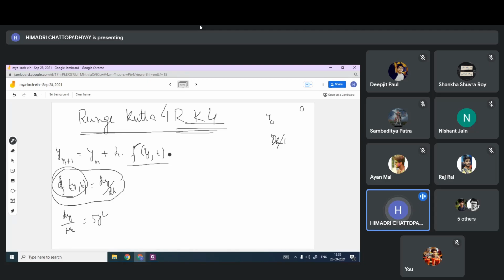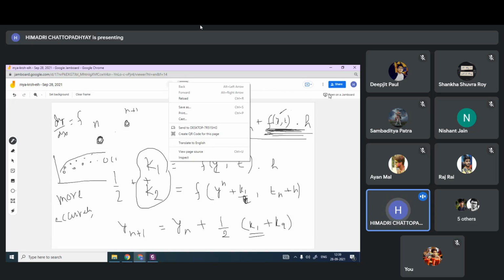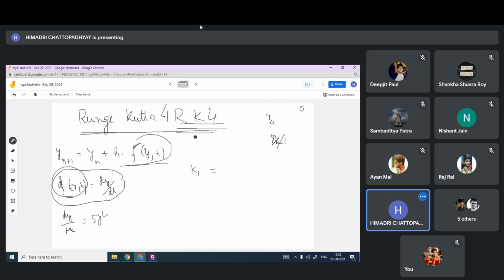Now RK4 calculates in 4 levels. There is a k1. So k is nothing but this. If you go to the previous page, you see h times the slope, this part is k: the slope multiplied by the gap. So k1 is given by h f of the current location, yn, tn.